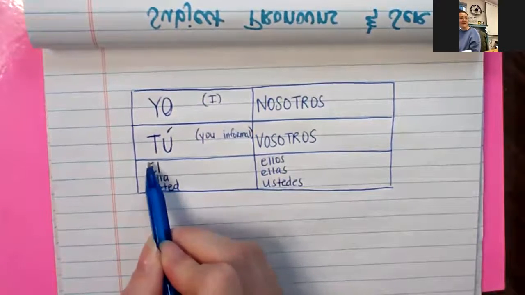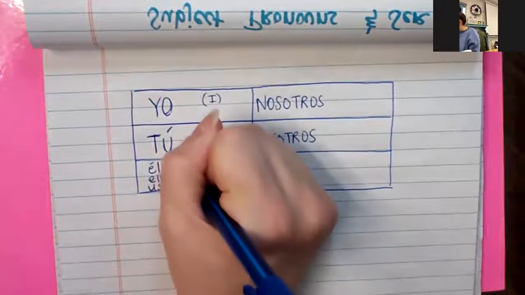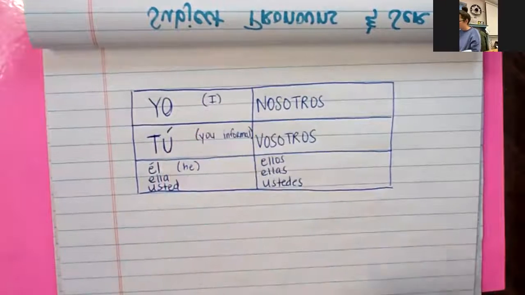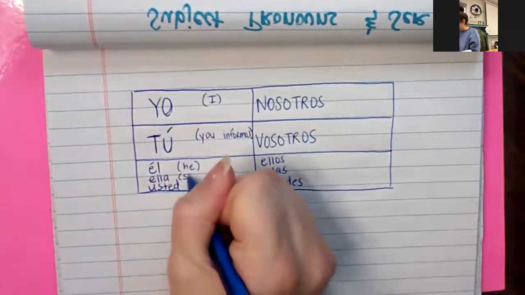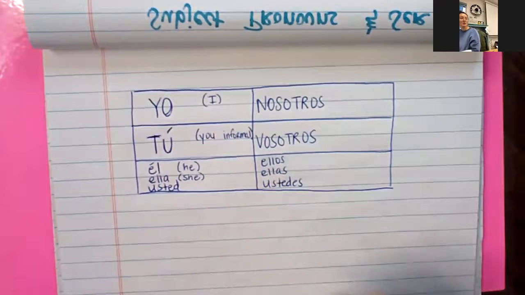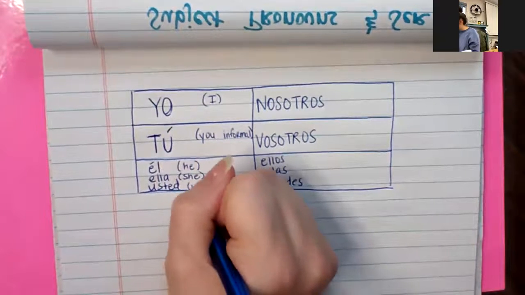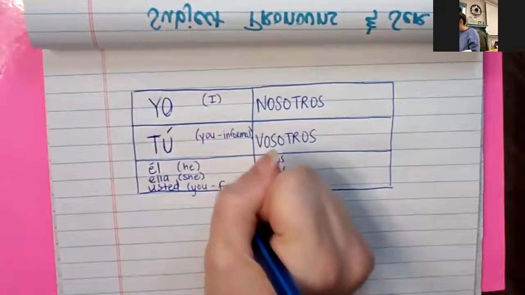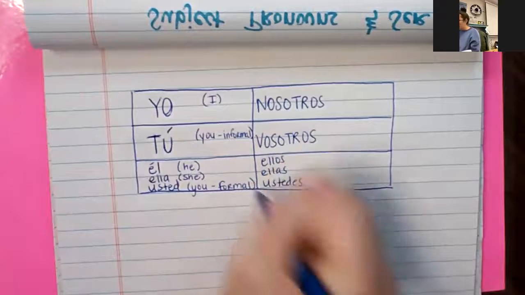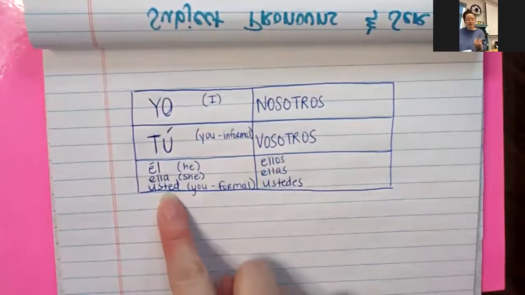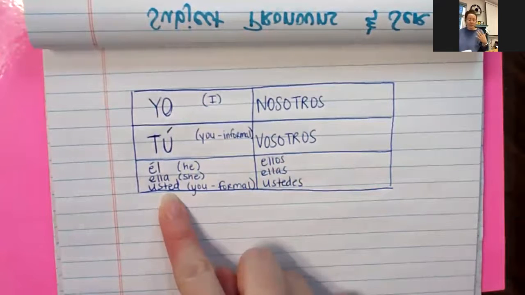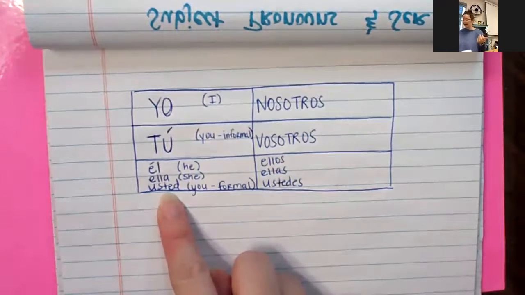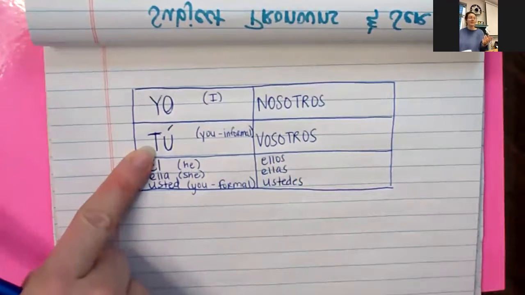Él, with the accent, is he. Ella is she. And usted is you, but it is formal. So if you're having a conversation with like an adult that you don't really know, a doctor, a teacher, a principal, it's polite to use usted in place of tú.